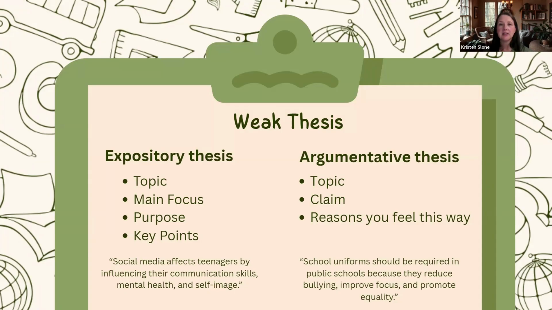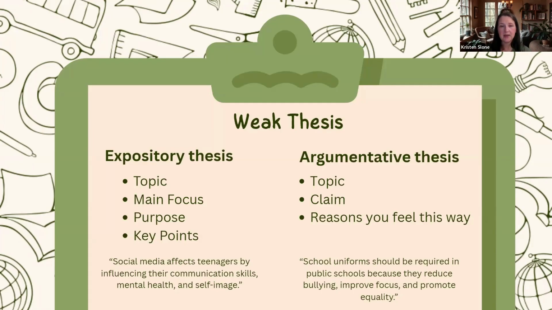The first common mistake is a weak thesis. So you want to remember, depending on the type of essay that you're writing, you'll have certain things you want to make sure that you're including to make your thesis statement strong. For an expository thesis, you want to make sure you've mentioned your topic, your main focus, your purpose, and key points, okay? So if I'm writing about the effects of social media and I'm writing an expository essay, here's an example strong thesis.